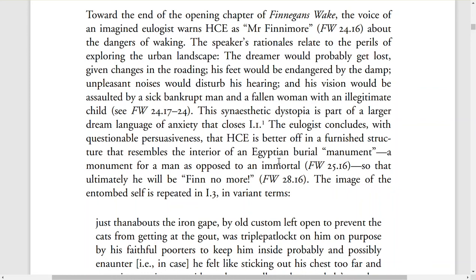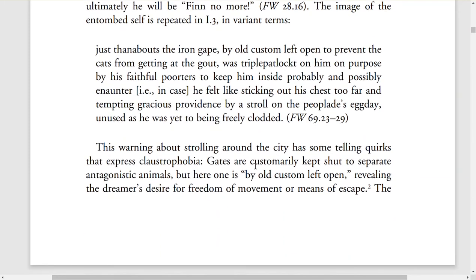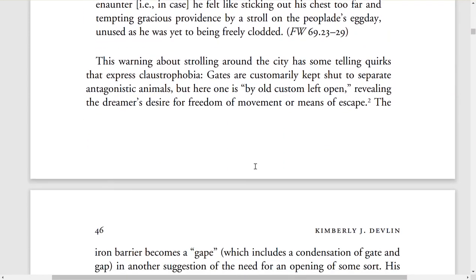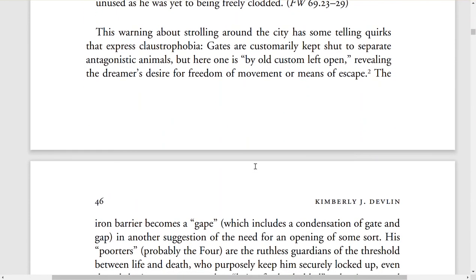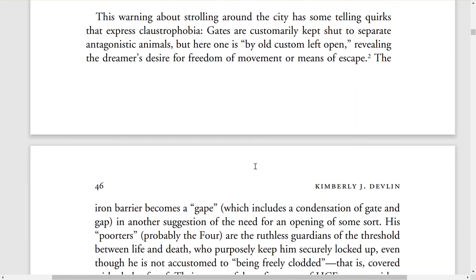The image of the entombed self is repeated in chapter 1 in varying terms. So we have the observation, we understand that observation as dystopia, so we create an understanding of our observation. We are just dealing with unpacking the observation. Okay. What do we do with that observation again?